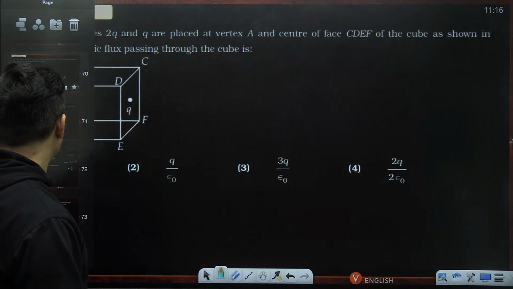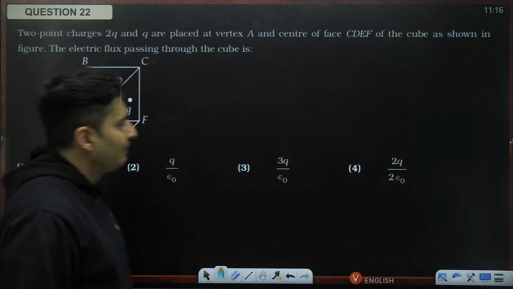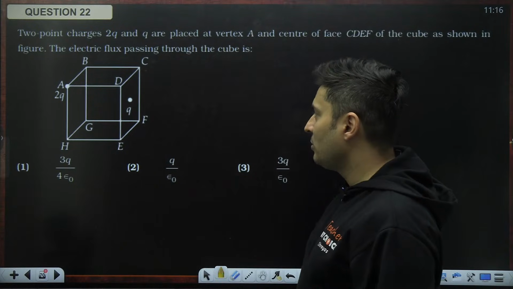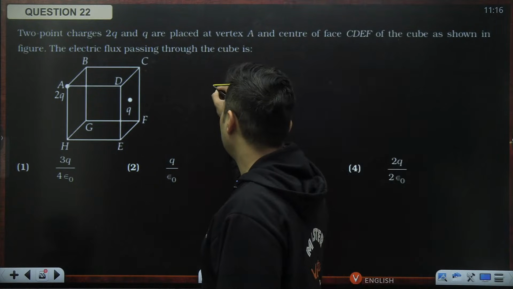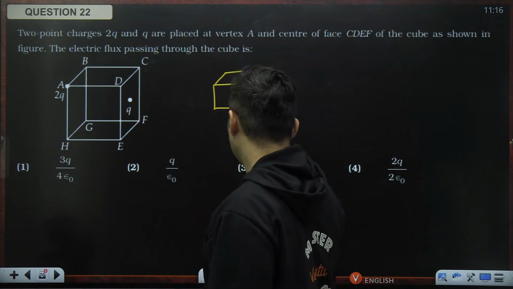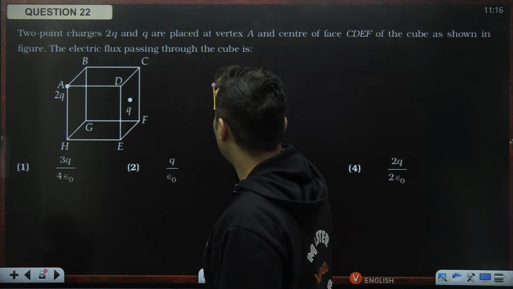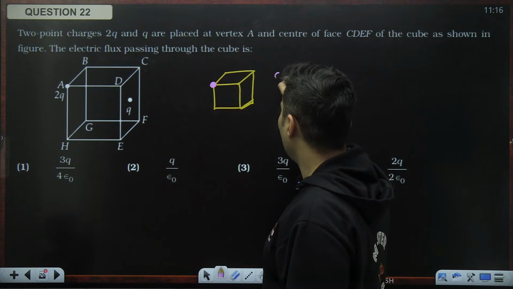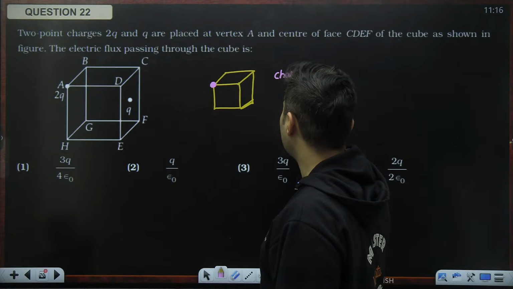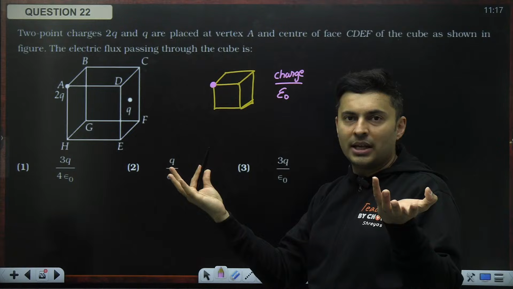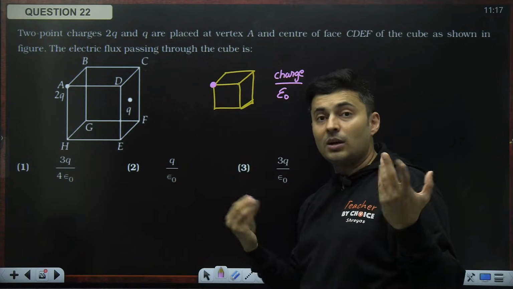Next one, this question. Well, you should know a couple of things. Total flux was asked. Whenever you have a cube and a charge is placed at one of the corners, the flux through that cube is whatever charge is there by epsilon naught, imagine 8 cubes surrounding it and that charge at the center of those 8 cubes.